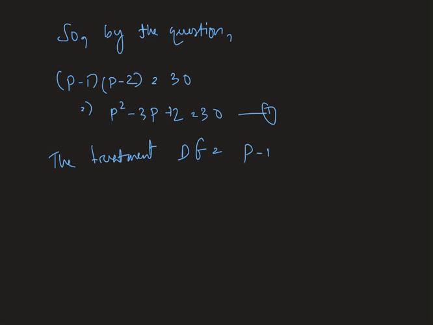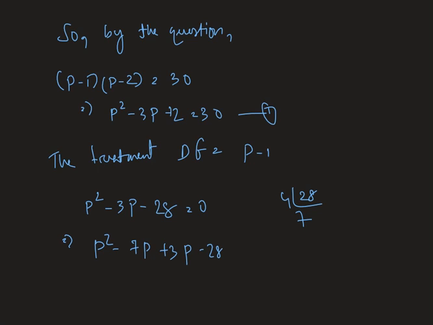Now if we solve this equation 1, we get p square minus 3p minus 28 equals to 0, and from this we get p square minus 7p plus 4p minus 28 equals to 0.